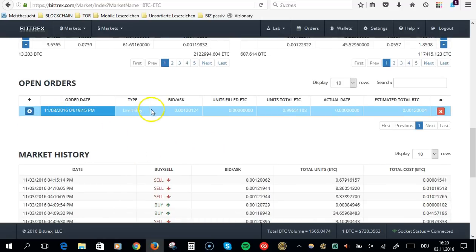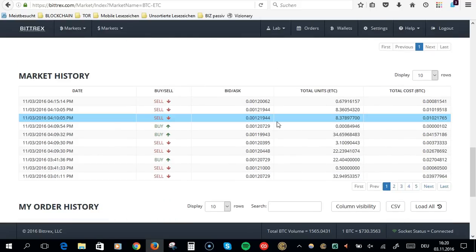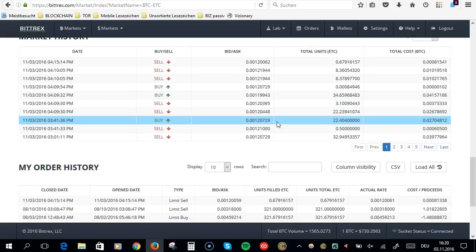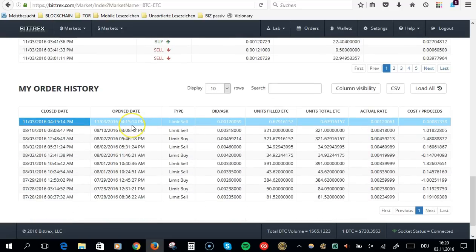Okay. Further down you have some open orders. So this is the one I've just put in. So you can always check back on the orders that have not been filled at the moment. You have a market history of all the buy and sell orders, and then you have an order history of your own orders that have been filled.